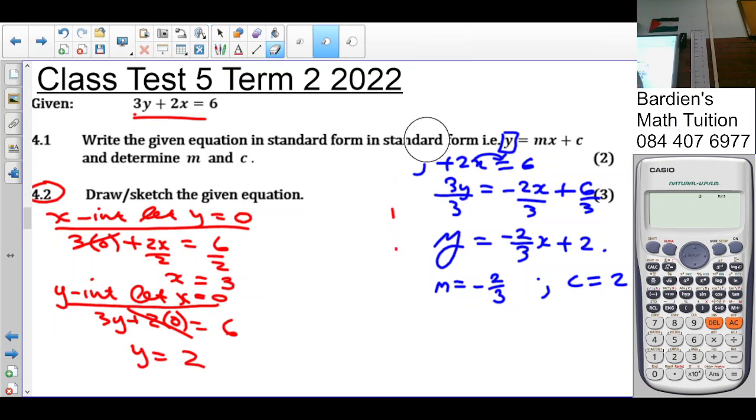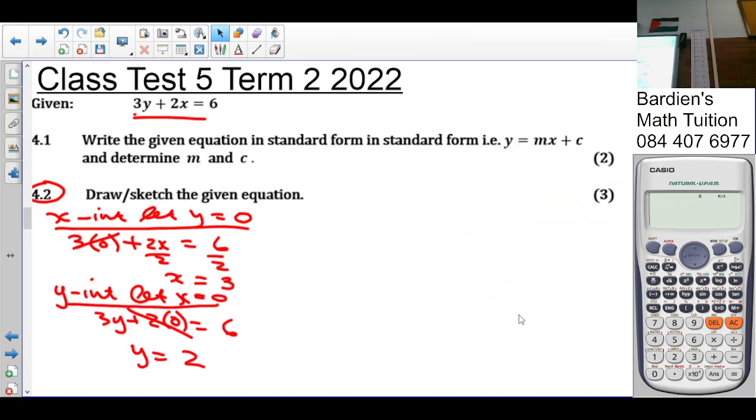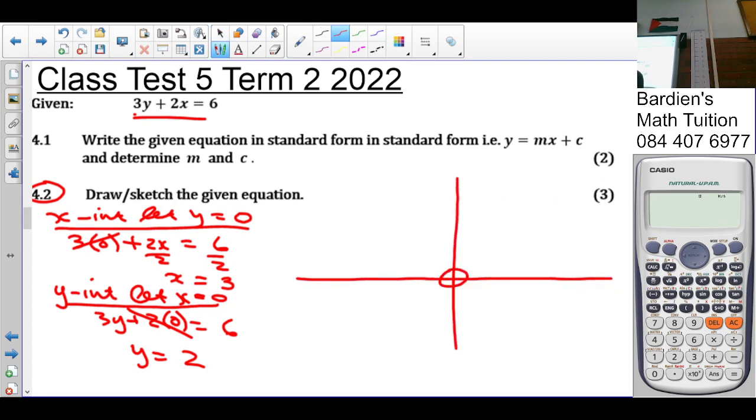And this is enough information to draw this graph. So we draw. That's your 0, and your x and y-intercepts. So x is 3: 1, 2, 3. Y is 2: 1, 2. I take a ruler, going through that point of 2 on your axis, not the number 2 and the number 3.